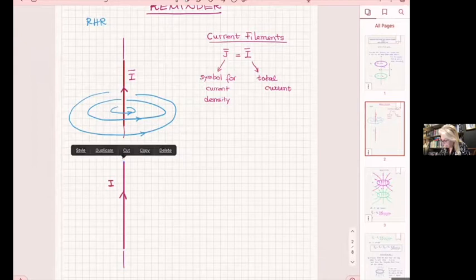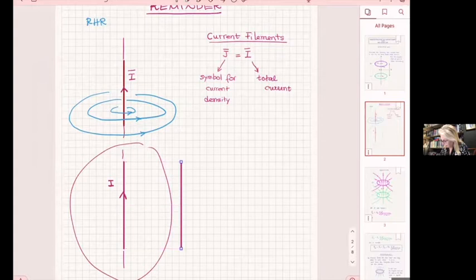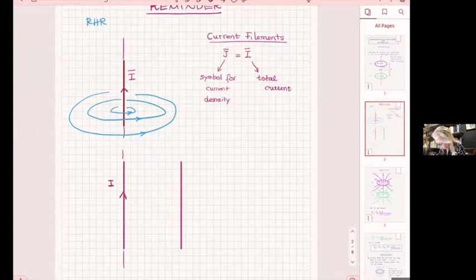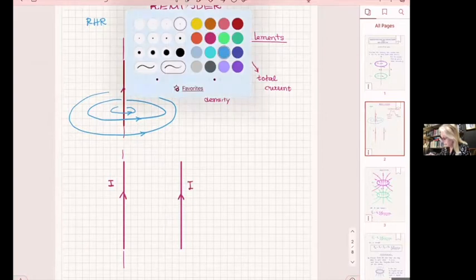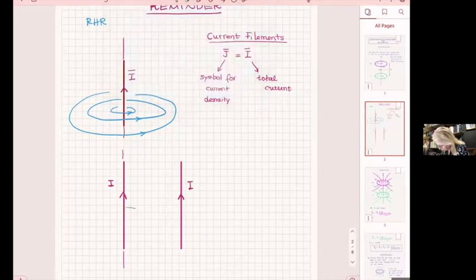And then a similar one. And let's try to find the two magnetic fields. So from one, the magnetic field looks like this. And from the other one, it looks like this.